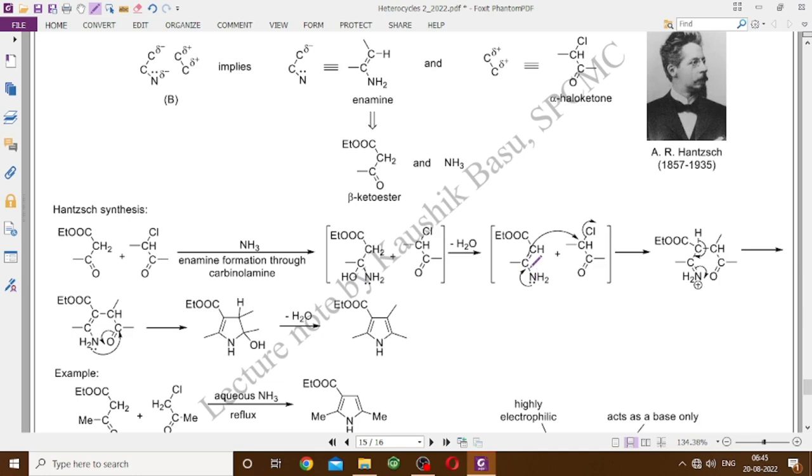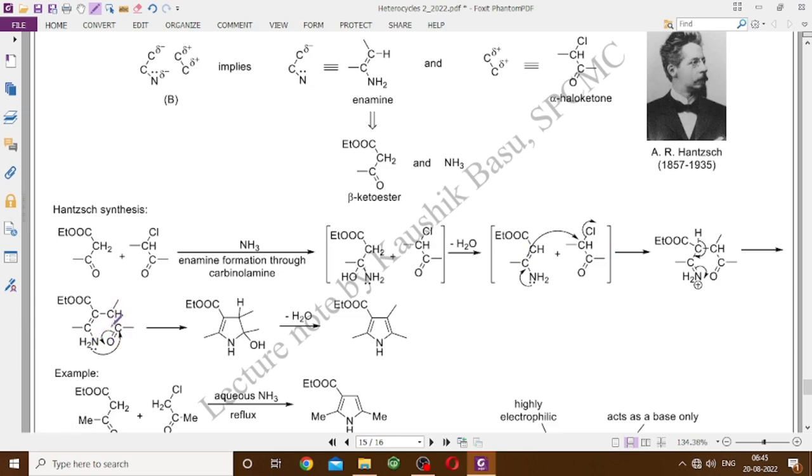Enamines are excellent nucleophiles as far as alpha-haloketones are concerned. So the SN2 reaction will take place, eventually giving rise to the enamine, where we also have the opportunity of ring closure.